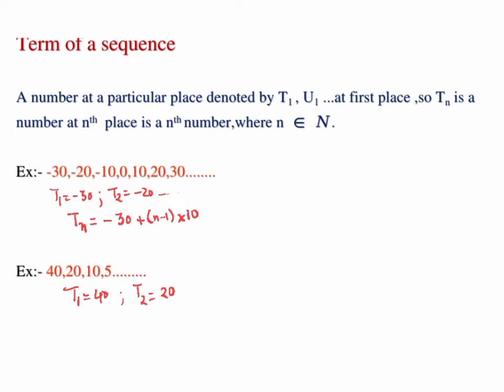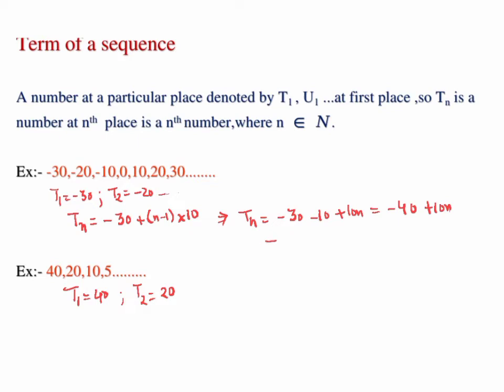Let us see by this formula. Tn will be equal to minus 30 minus 10 plus 10n, that will be equal to minus 40 plus 10n. By putting the value you will get every number.